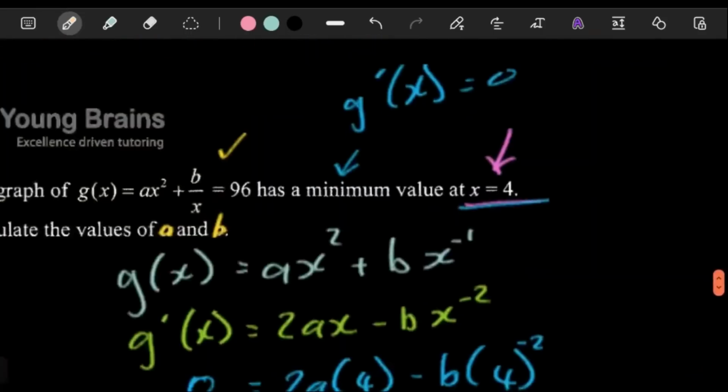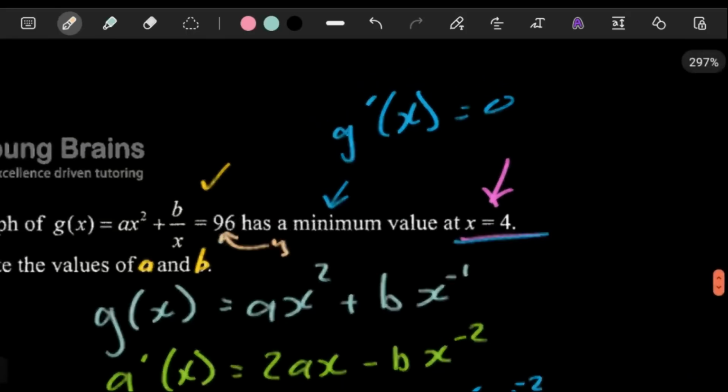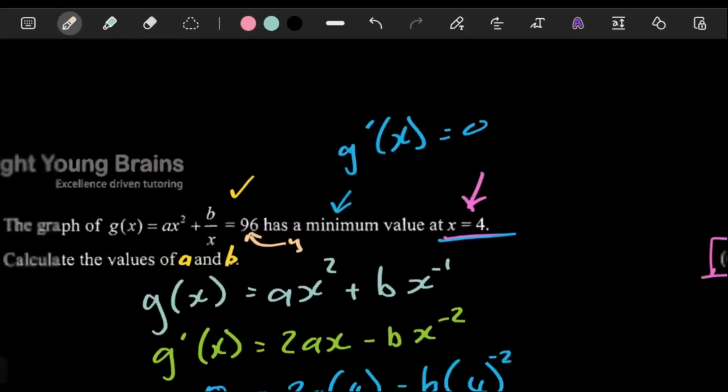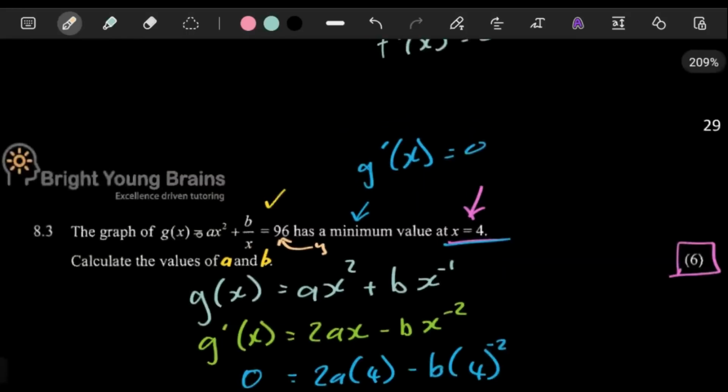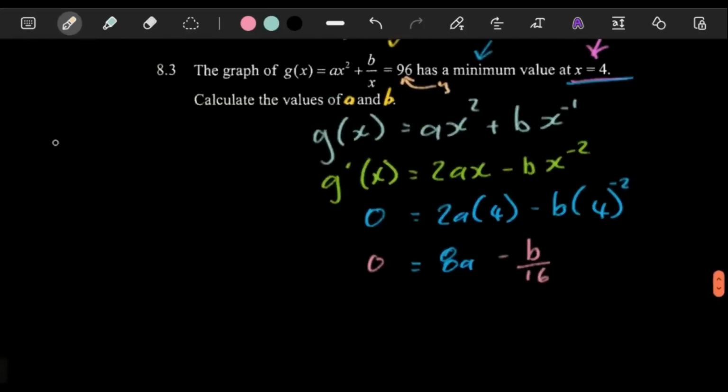But the fortunate thing is this is your x value and this is your y value, because it has a minimum value at 96 where x is 4. So where y is, you put 96. Where x is, you put 4. So here you're going to put 96, and then a, x is 4, b is 4, and then let's see here.